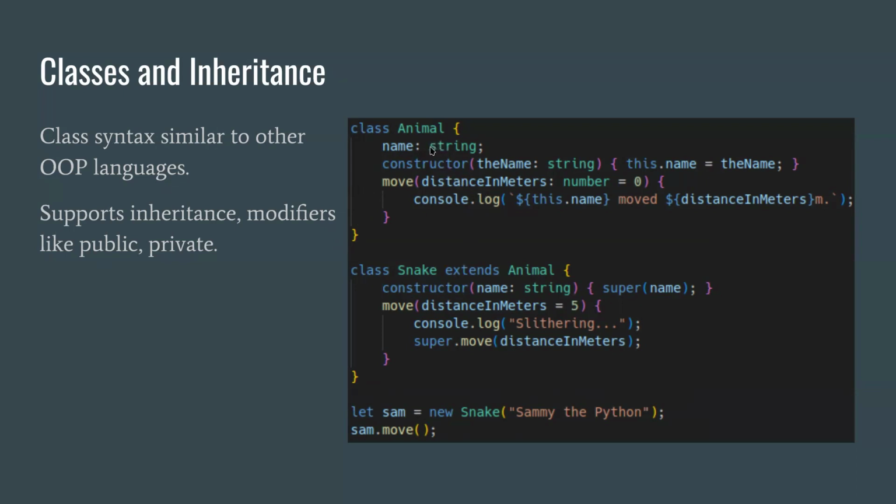We have an Animal class, which has a constructor and a method move, and it has a name. And we have a class that is a subclass. It's inheriting from Animal. So we can see that Snake inherits properties and methods from Animal, but also adds specific features.